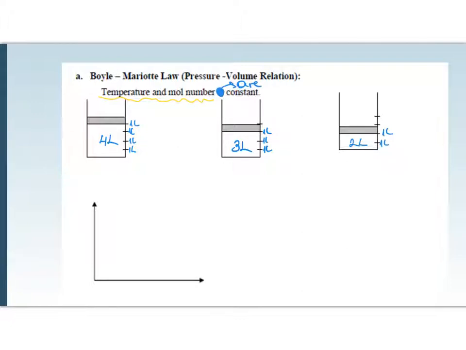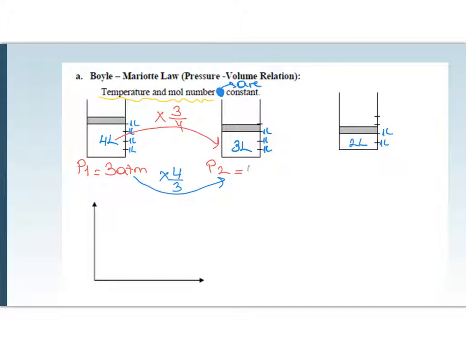So let's say that the pressure of the first container is 3 atm. What would be the pressure of the second container? As you see here, the volume is decreased to 3/4. So this means that the pressure is increased by 4/3.